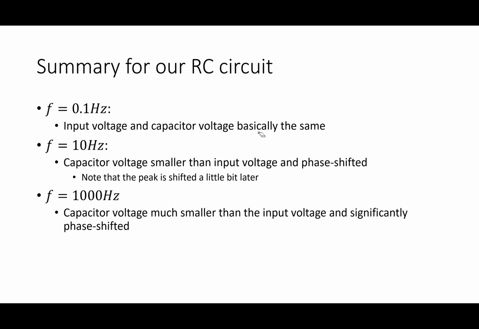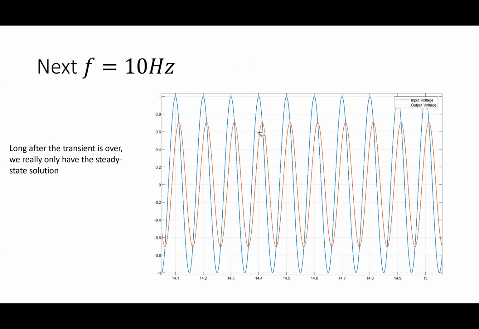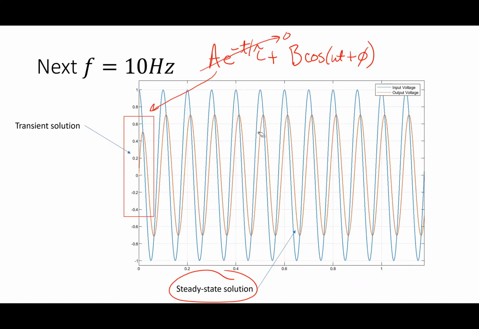But one thing that's important to see is that as I change that frequency, there's always going to be a transient response. Okay. Transient response is always there. But if I look at the steady state solution, the only thing that's changing is that scaling, this B factor, and this shifting phi.